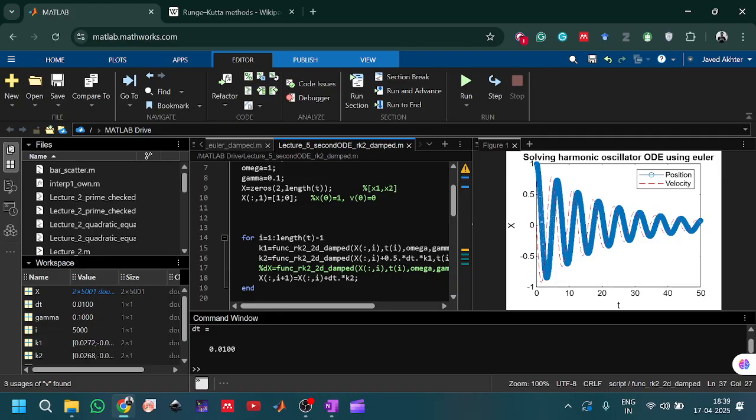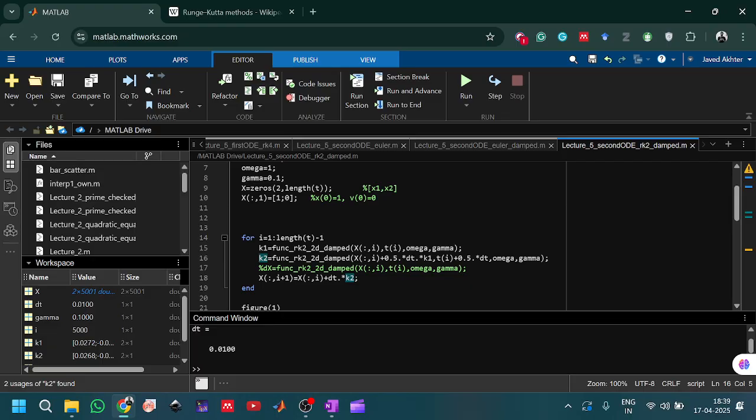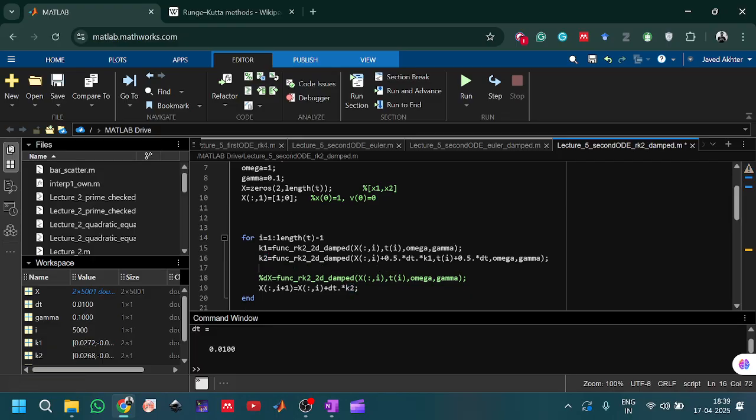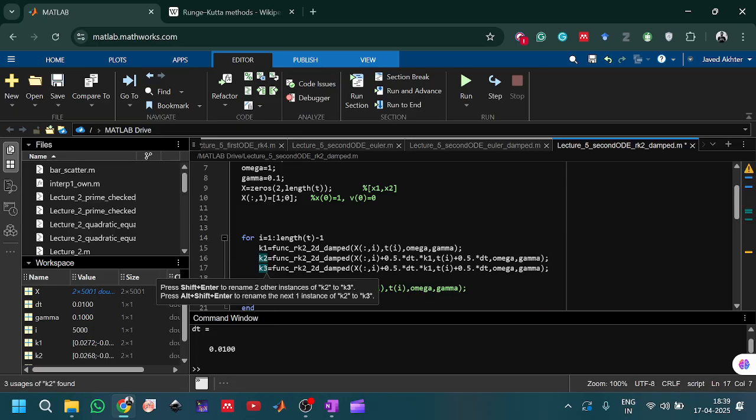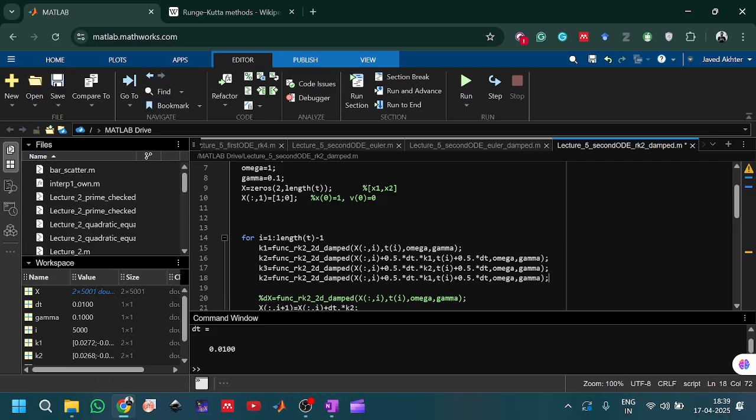Now for RK4, you will calculate K3 and K4, and from that you will get X i plus 1. So let me do that. For K3, Control C, let me copy it. Here you will have K3 and here you will have K2, and after that you will have K4, where you replace this with K3.